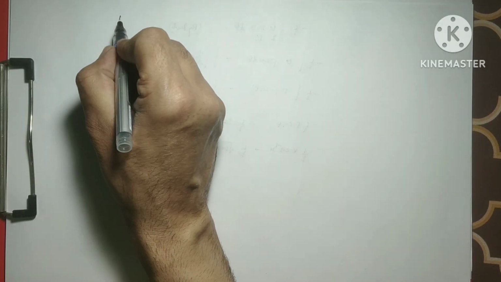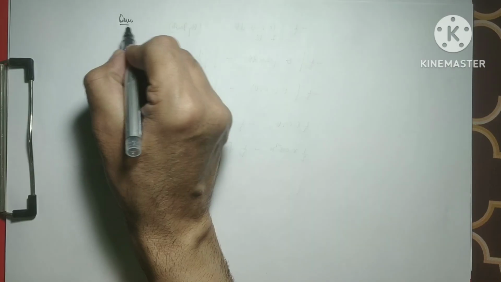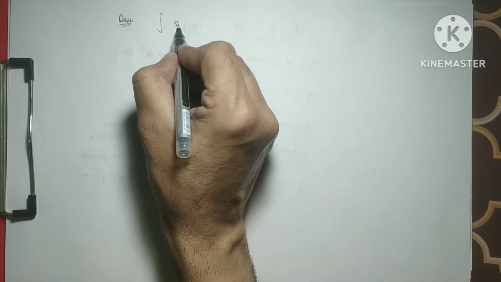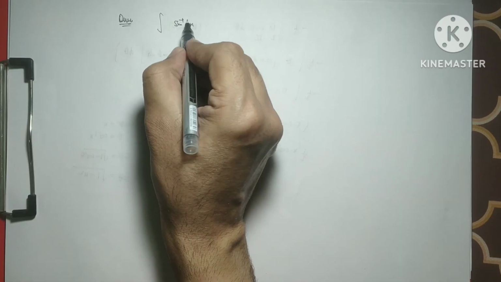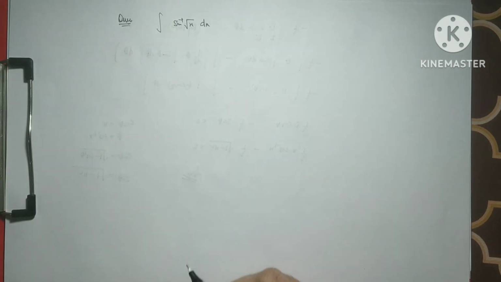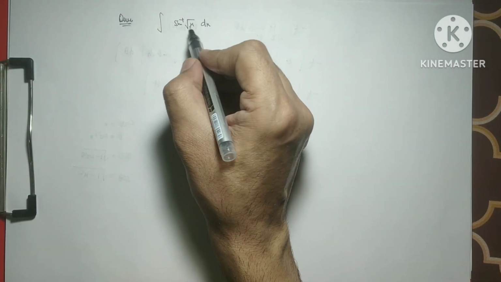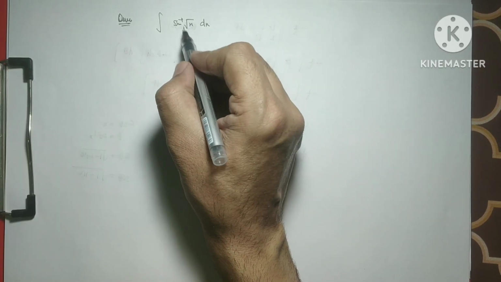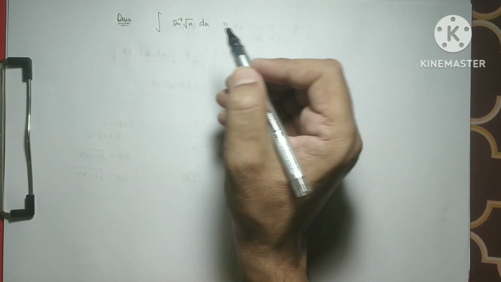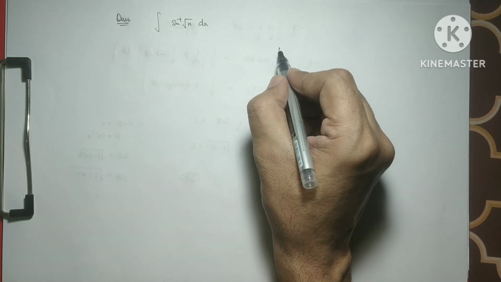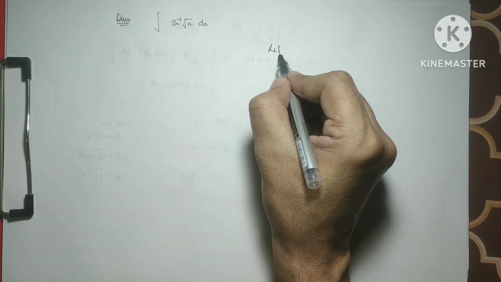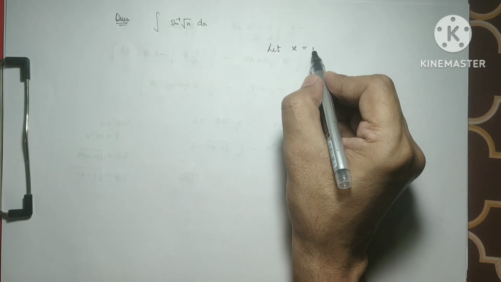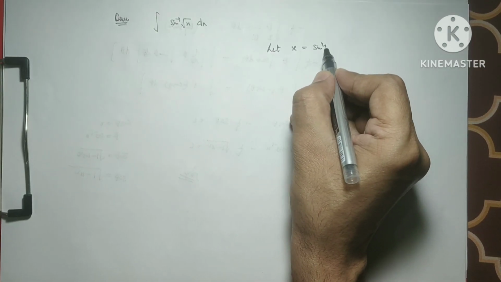Now the next question, integrate sin inverse root x dx. Again, this is not sin inverse x, this is not a standard function. So right now its requirement is this, we will substitute, and according to the situation we put x as sin square theta.